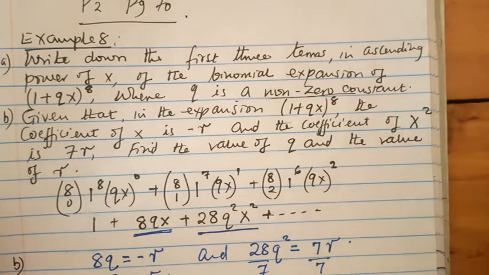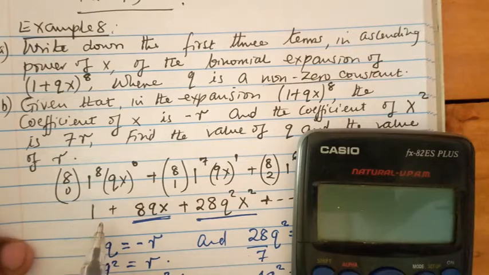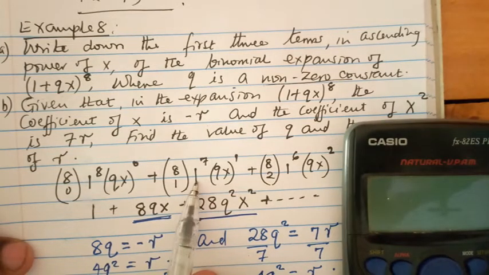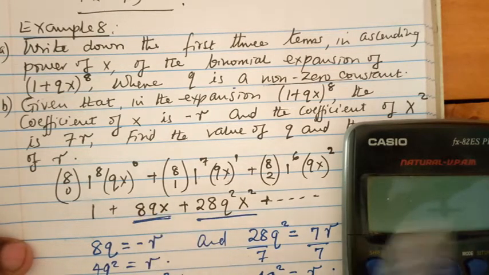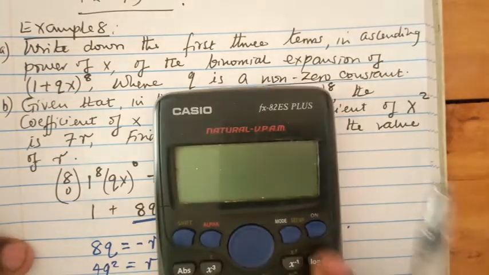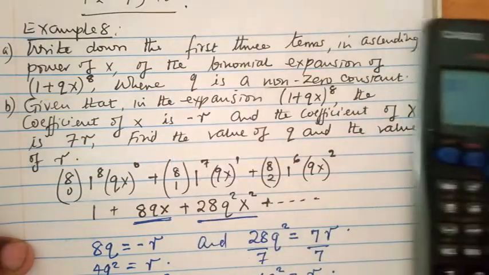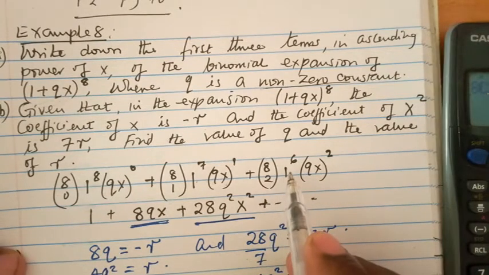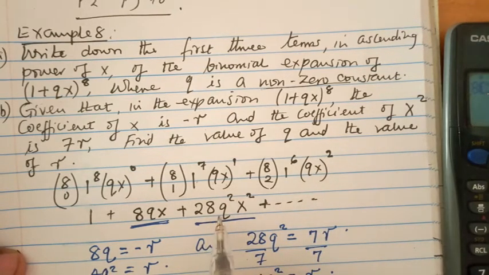When we work this out, 8C0 is 1, and 1 times 1 is just 1. 8C1 is 8, and 8 times 1 times qx gives 8qx. 8C2, let's find out what that is: we have 28. 28 times 1 remains 28, times q squared, so we have 28q squared x squared, and that is term 3.